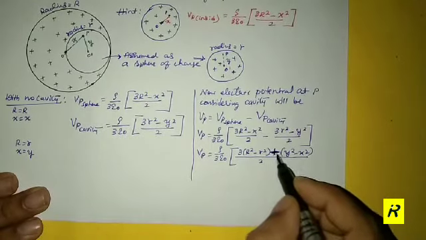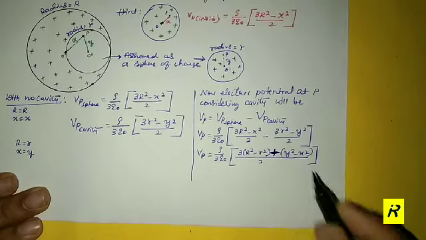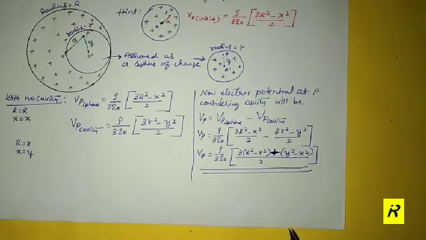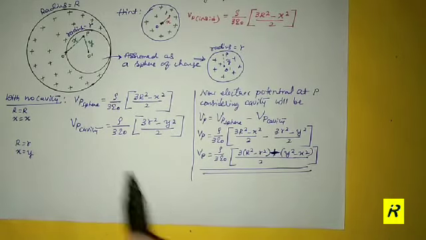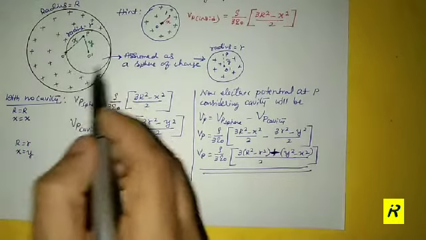Be careful, this is plus, and inside it is y square minus x square, whole divided by 2. So this is the general expression for the electric potential at any point P lying inside the cavity.